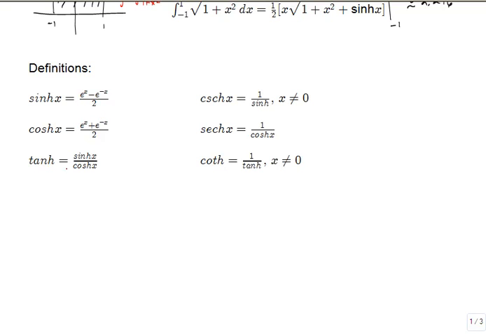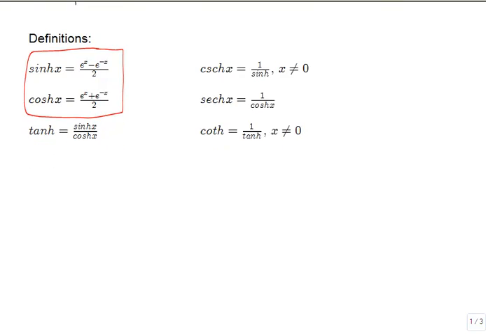Hyperbolic tangent is hyperbolic sine over hyperbolic cosine, and then hyperbolic cosecant, secant, and cotangent are just the reciprocals of their corresponding functions, just like we would normally do for the regular trig functions. So these are the major two definitions that are going to be new for you. Notice that these hyperbolic functions are defined in terms of exponentials.